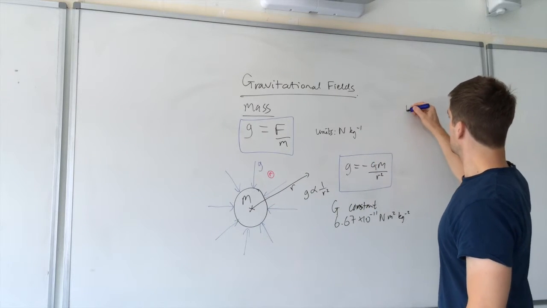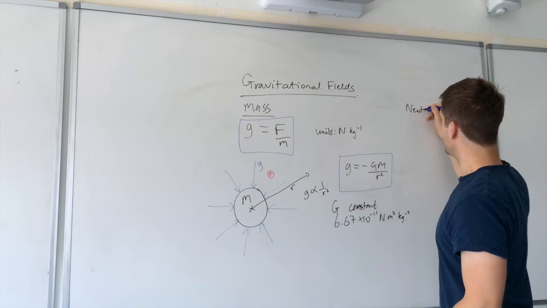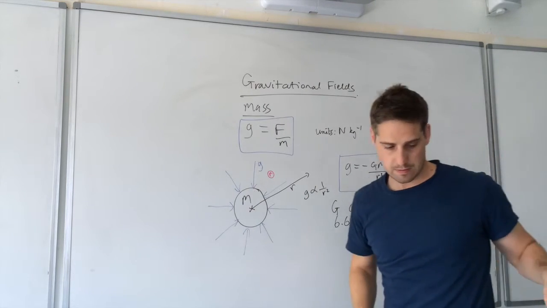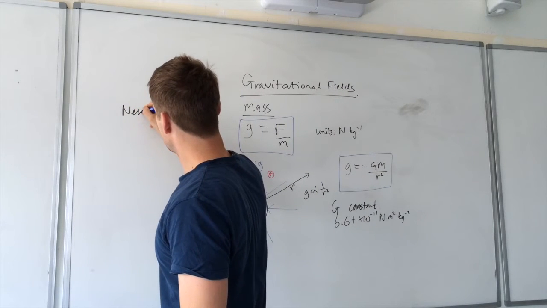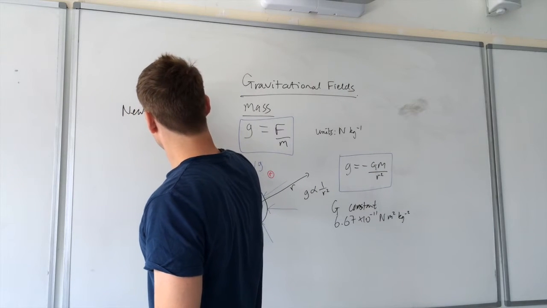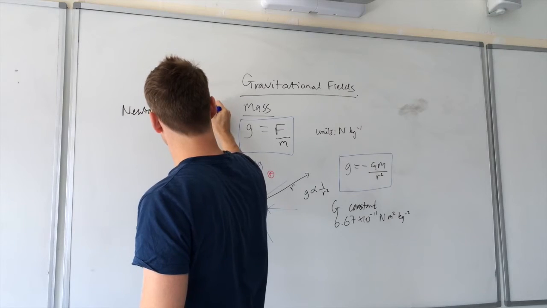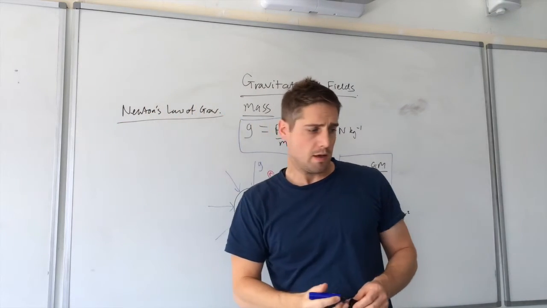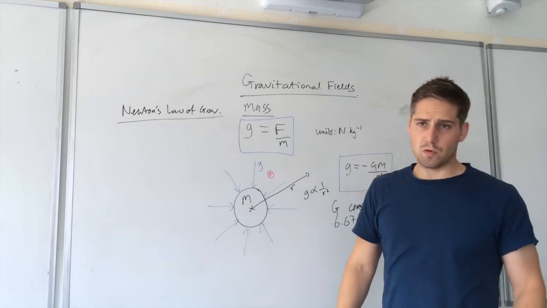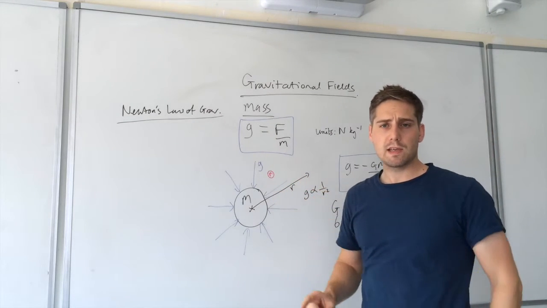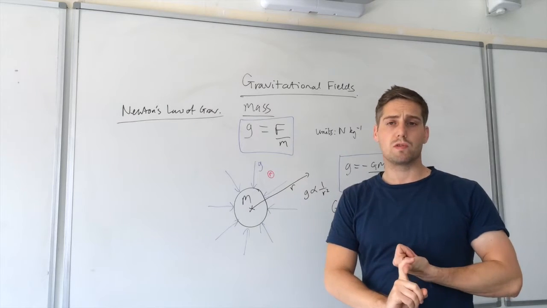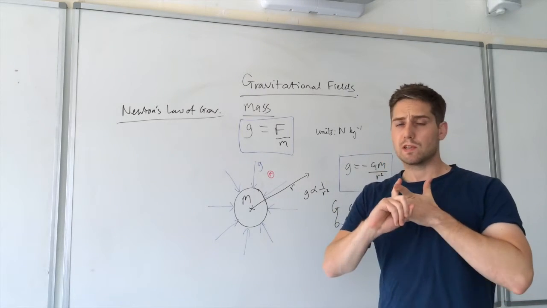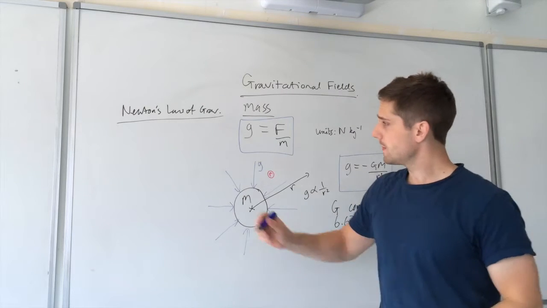The law, actually I'll write it on the left over there. Newton's law of gravitation says that the force between two objects with mass is directly proportional to the product of their masses and inversely proportional to the square of the distance between them.